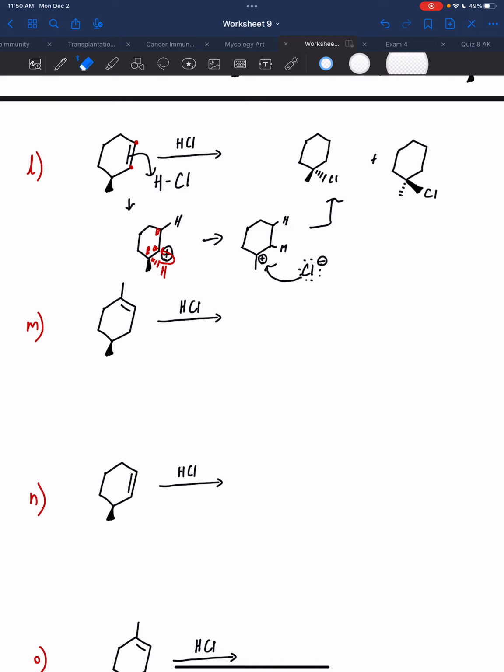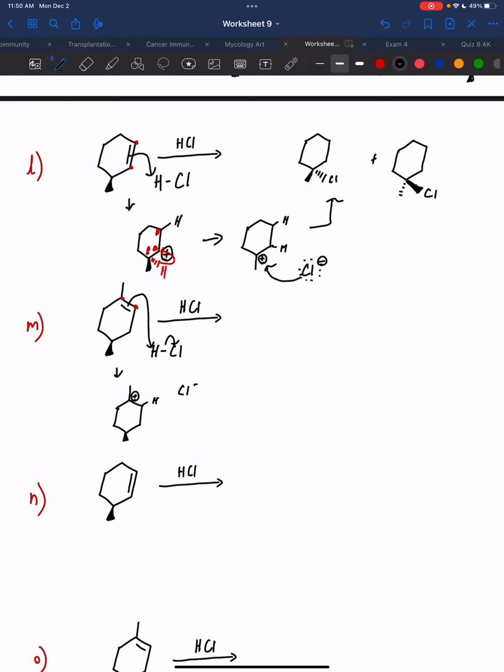Okay, let's see this one. Again, every time you have an acid, you protonate, and you're protonating to get the more stable carbocation. And I'm like, okay, which carbon should I put my hydrogen on? And I'm going to put my hydrogen right here so that I have the tertiary carbocation.